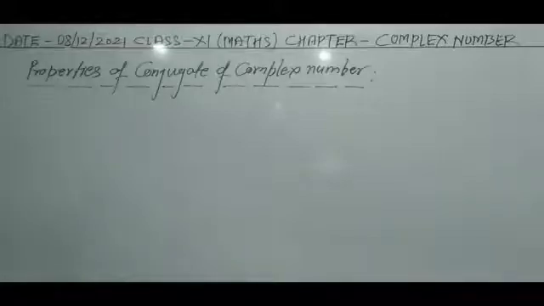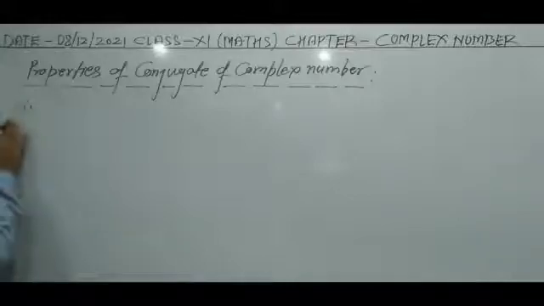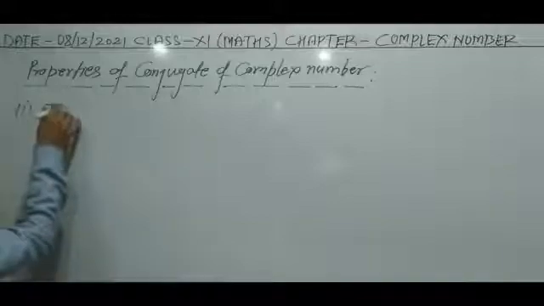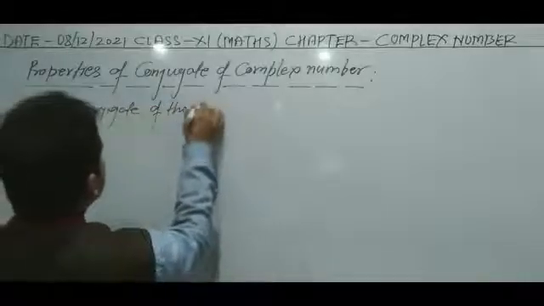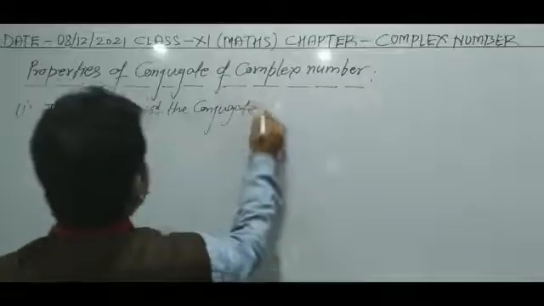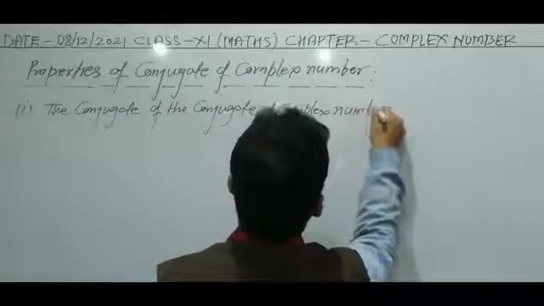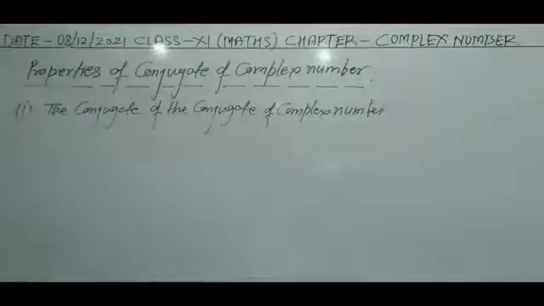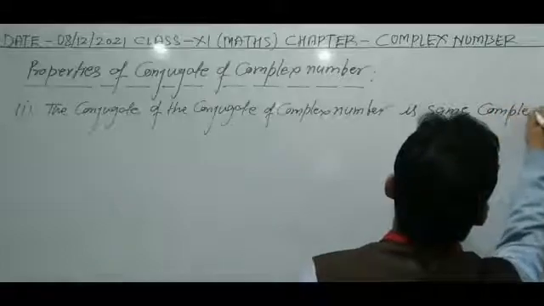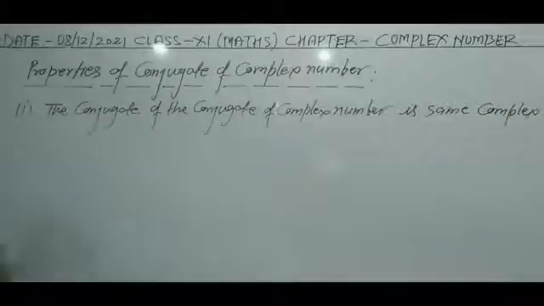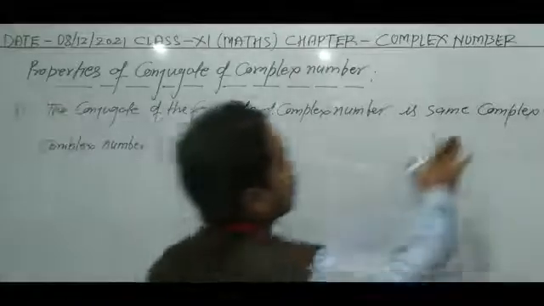See, first property is the conjugate of complex number is same complex number.